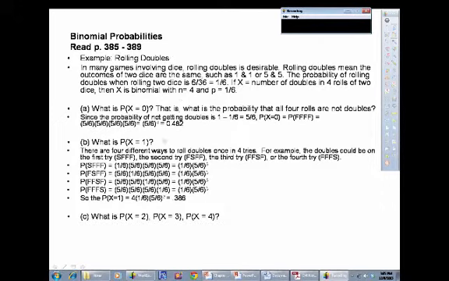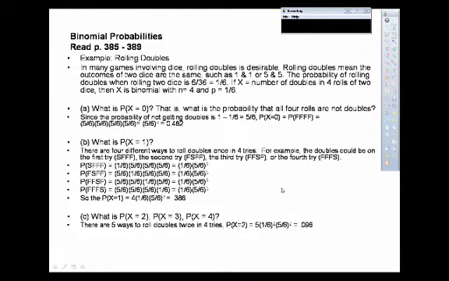Okay, so we're starting over here with the probability that X equals 2. That means 2 successes and 2 failures. There are 6 ways to roll doubles twice in 4 tries. So that is 6 times 1/6 to the second, which is our successes, and our failures 5/6 squared, and we get 0.096.